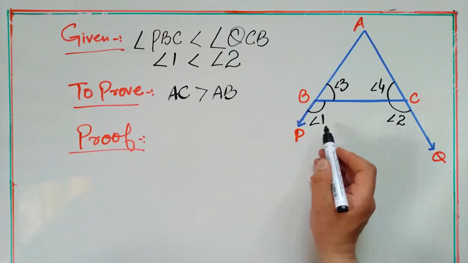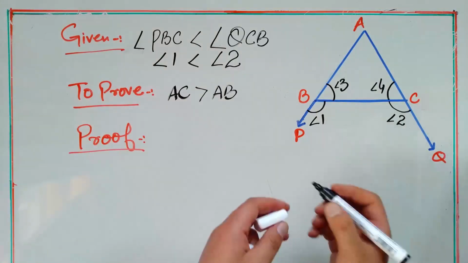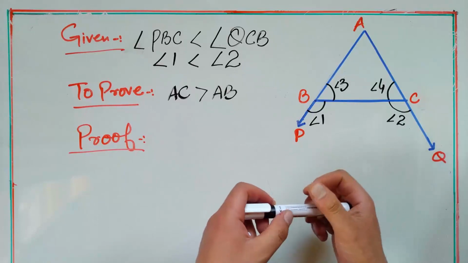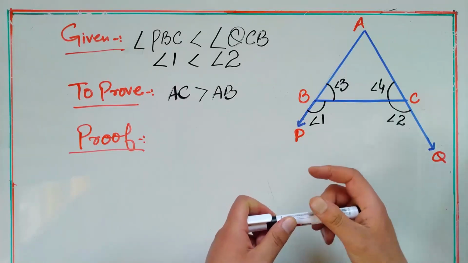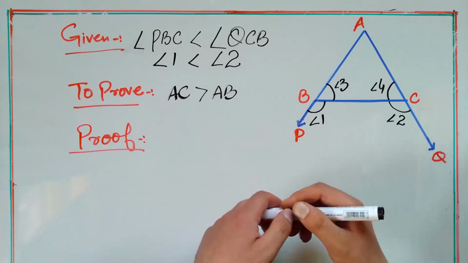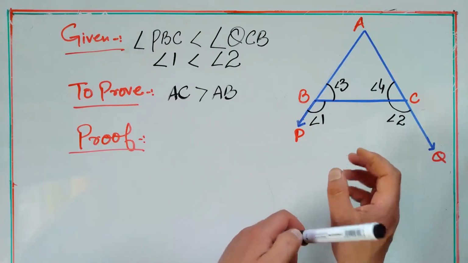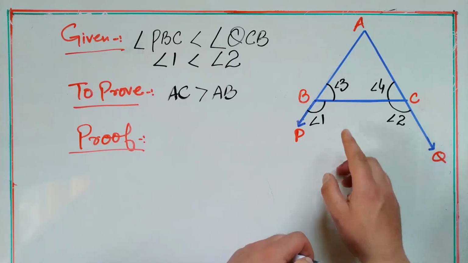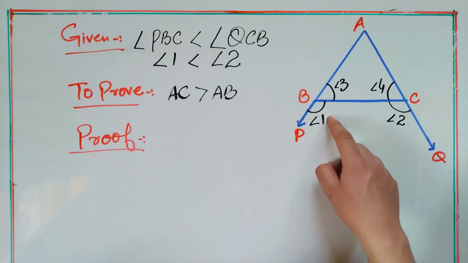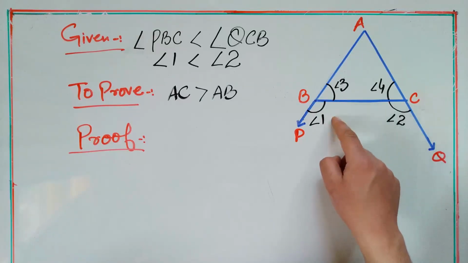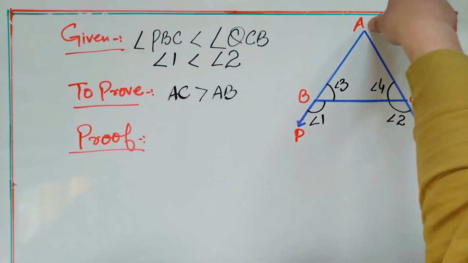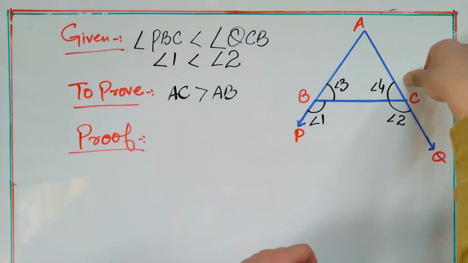Now, we know that if you produce a side of a triangle, it will give you an exterior angle which is equal to the sum of the two opposite interior angles. So, if this is angle 1, this is an exterior angle, it must be equal to the two opposite interior angles, which is angle A over here and angle 4 over here.